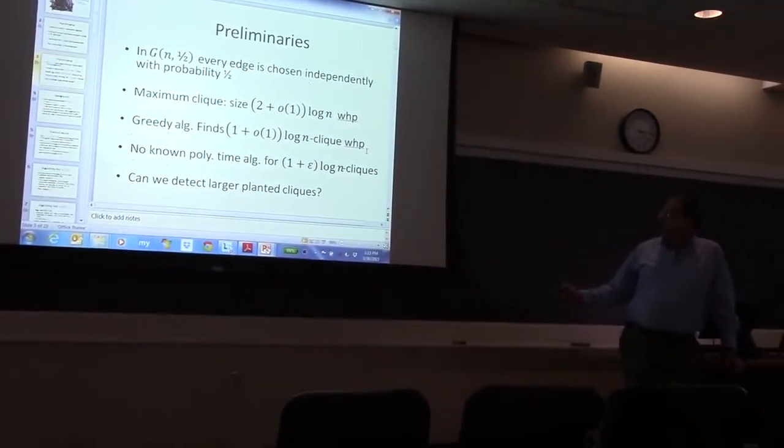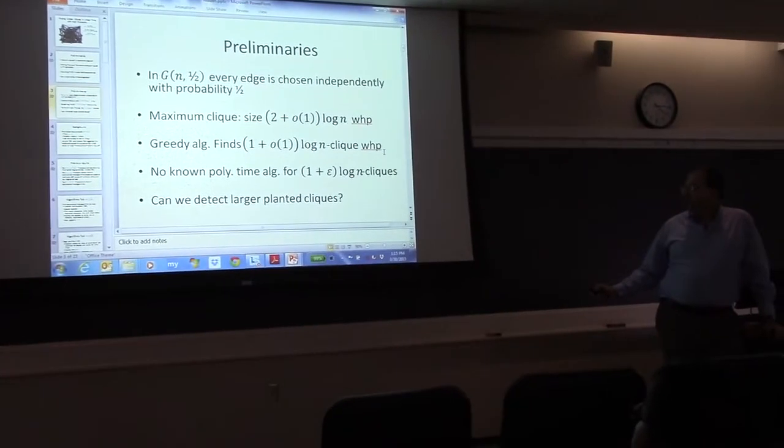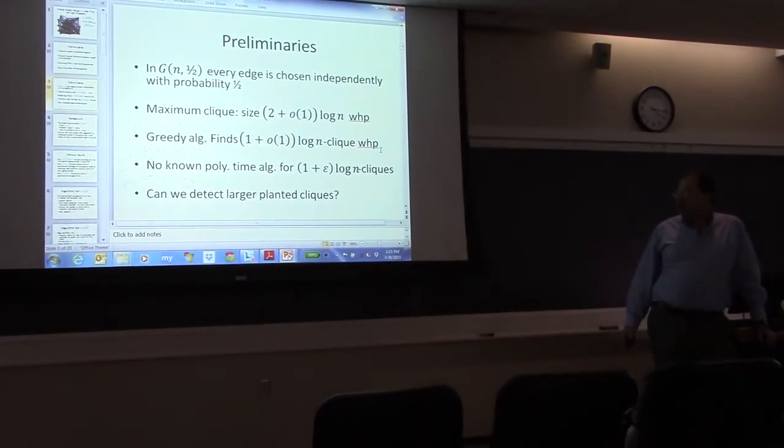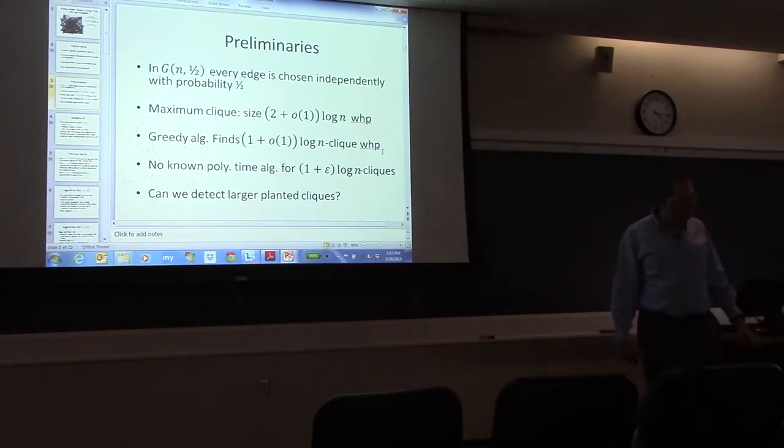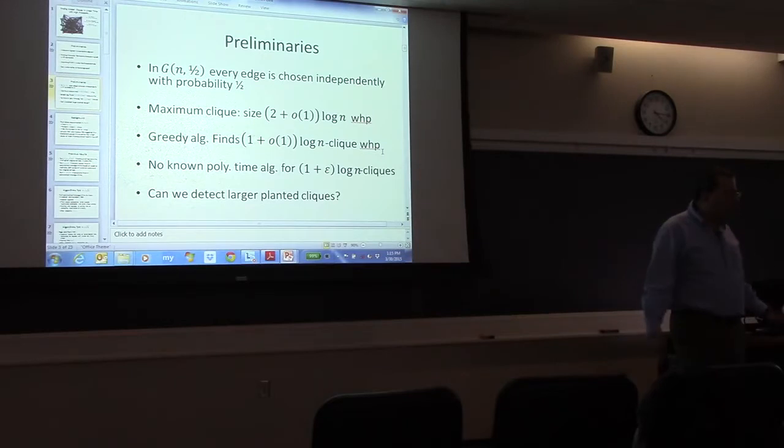So in G(n, 1/2), again, every edge is chosen independently. So now, how large is the largest clique? This is very easy to compute using first and second moments. If you have a set of k vertices, you can calculate the chance that this set is a clique.